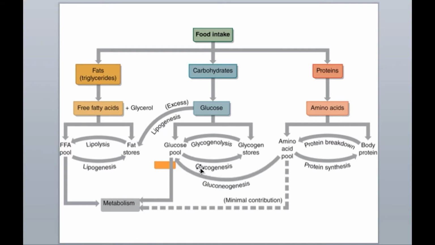So the amino acids can be created into glucose, go into metabolism, or they can be made into fatty acids as well and go into the fatty acid pool. That's not necessarily shown in here, but there's a roundabout way, basically through glucose, which is then converted into fatty acids.